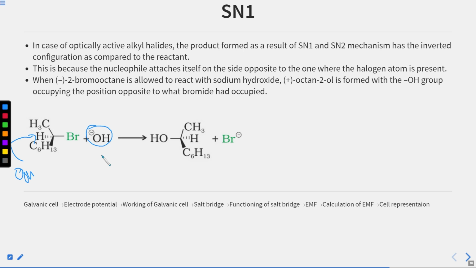Do not try this at home; I am just saying it as an example. You can think of a similar analogy. This happens in the SN2 reaction because of the backward attack, and all the substituents go in the opposite direction, so we get the opposite configuration.